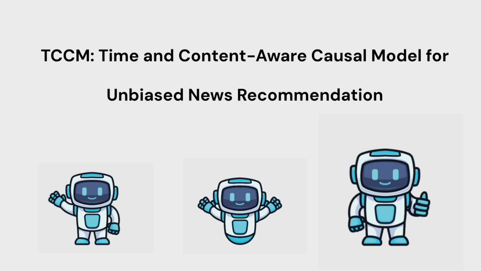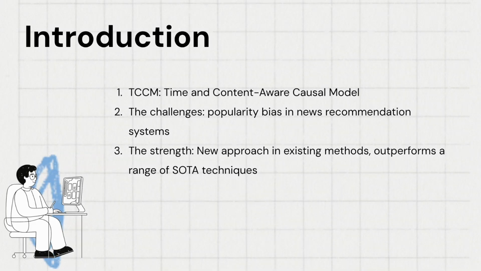And I'm going to be sharing the TCCM, time and content aware causal model for unbiased news recommendation. First, I'll do the introduction. This paper introduced the time and content aware causal model, TCCM, and the challenge it wants to deal with is popularity bias in news recommendation systems, which often results in a loop where popular news gets more exposure.